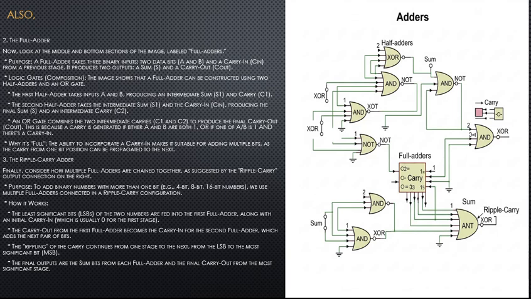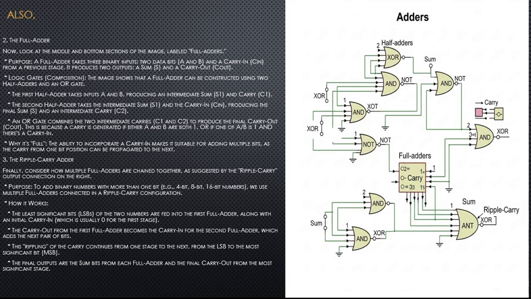How does it work? The least significant bits of the two numbers are fed into the first full adder, along with an initial carry-in, which is usually 0 for the first stage. The carry-out from the first full adder becomes the carry-in for the second full adder, which adds the next pair of bits.